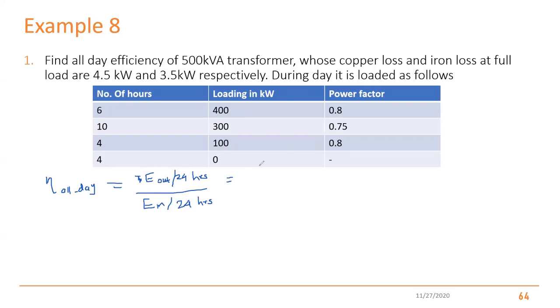As in the usual efficiency, I can write this as E out. E input should be E output plus whatever losses happen.